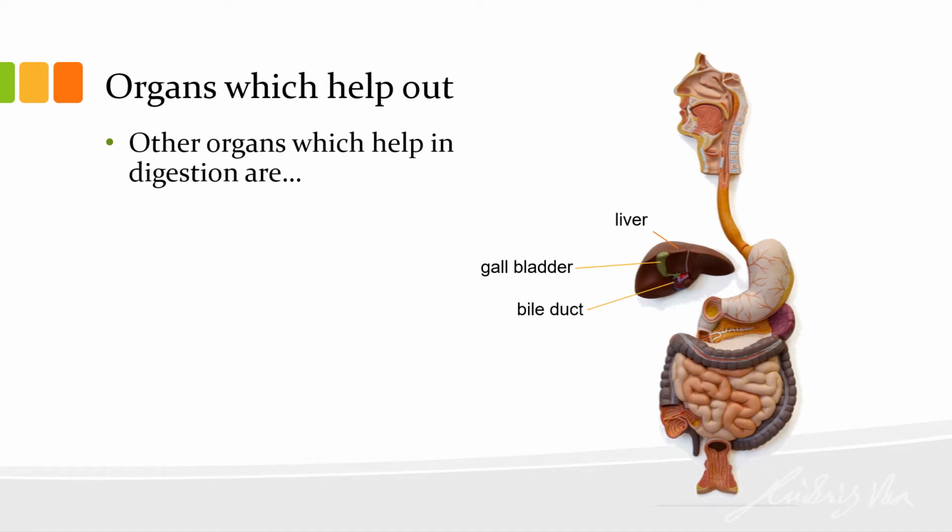So the bile duct will release the secretion or some fluid that the liver produces into the small intestine. Then over here, we have another organ called the pancreas. So the pancreas will also release some enzyme into the small intestine. So these are all the organs that you will need to know.